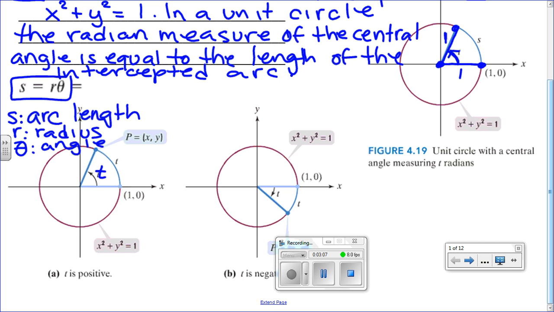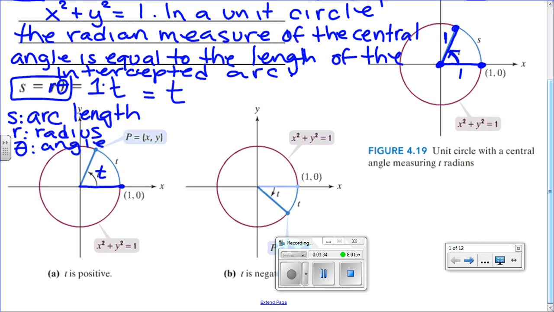So based on that statement that we just copied, if we substitute the radius in the angle measurement, we're talking about the unit circle, so the radius is 1. Instead of r, we put a 1. And for the angle, we're just going to change the variable, so instead of theta, we call it t. And what is 1 times t? t.